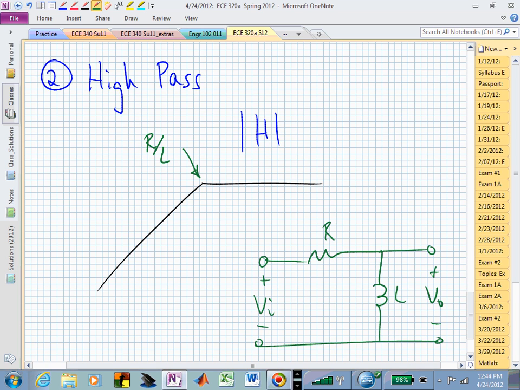So the question was, what happens if you flip-flop the R and the L, or the R and the C, in the two circuits that I've provided, and you will get the opposite behavior. In the original low pass, if you flip the location, or measure your output across the resistor versus across the capacitor, you'll get the opposite of the low pass, or a high pass.